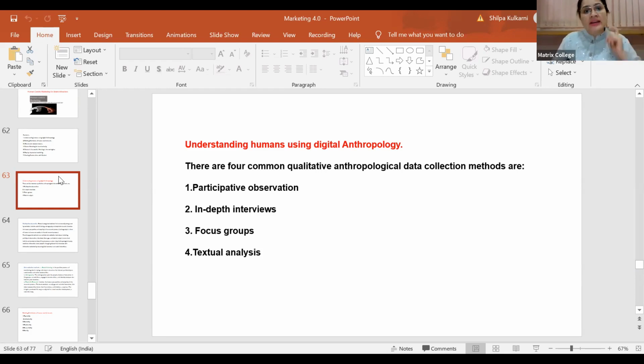Then we went on to data collection methods. Social listening is the process of monitoring what is being said about a brand on the internet, particularly on social media and online communities. Ethnography: the key variance between ethnography and social listening is that ethnography often requires the ethnographers to become deeply engaged as active participants in online communities.